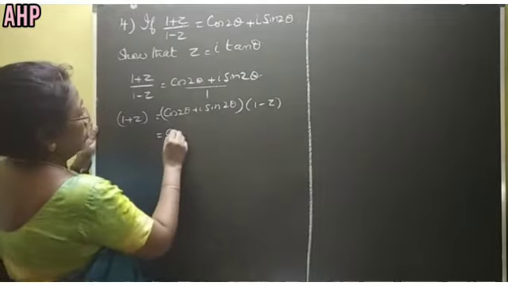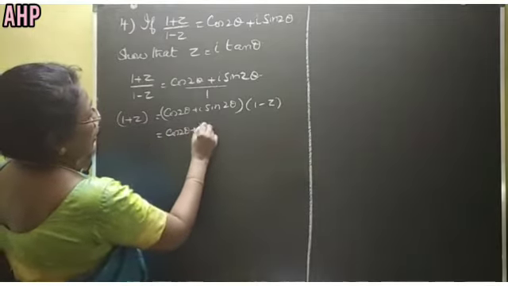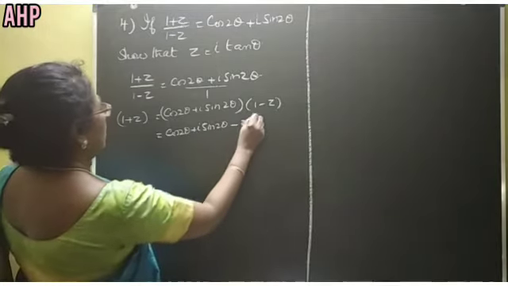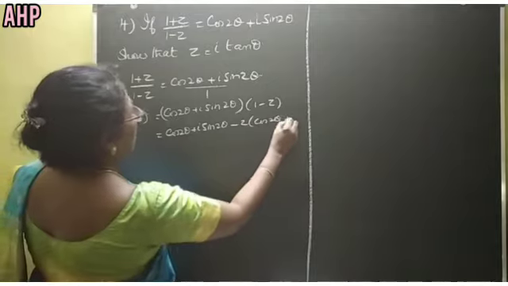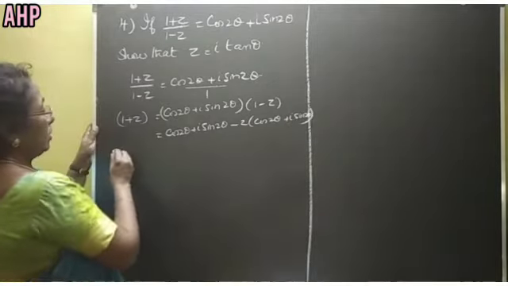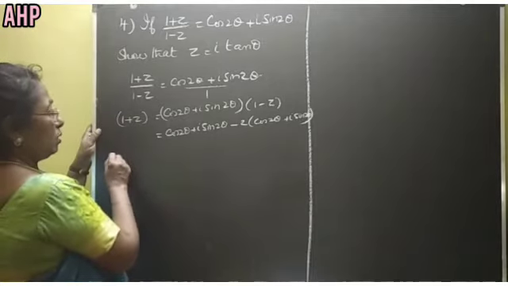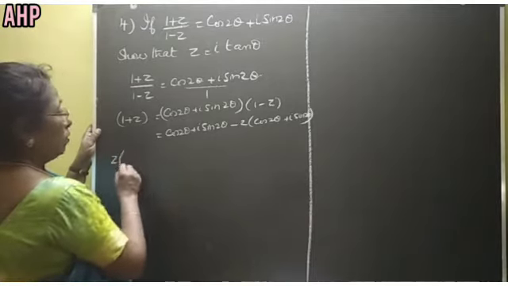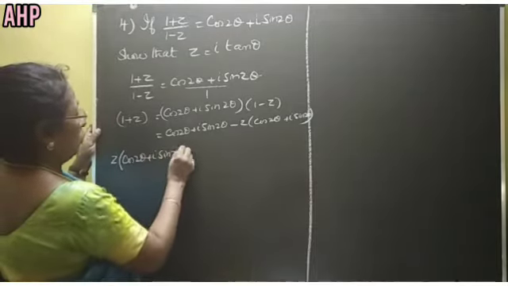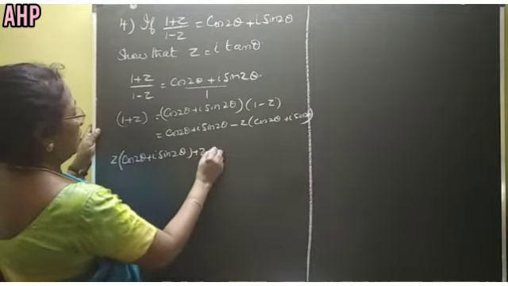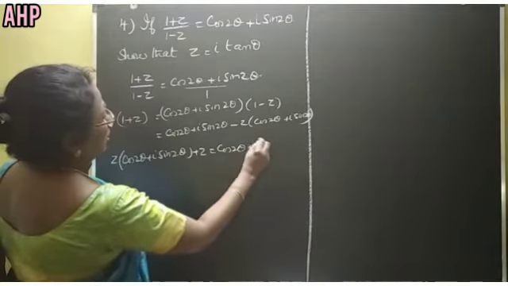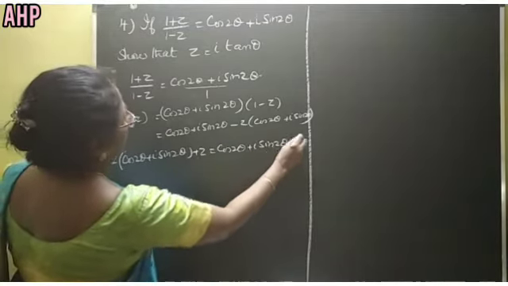So this is equal to cos 2θ + i sin 2θ minus z(cos 2θ + i sin 2θ). Now bringing the z term to this side, we are going to get z(cos 2θ + i sin 2θ) + z is equal to, taking this one to the other side, cos 2θ + i sin 2θ - 1.